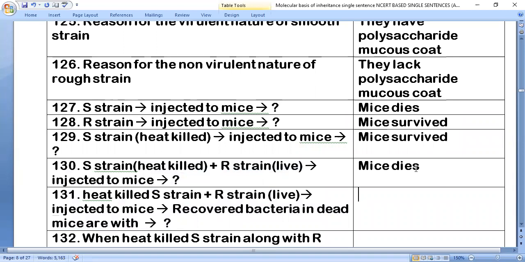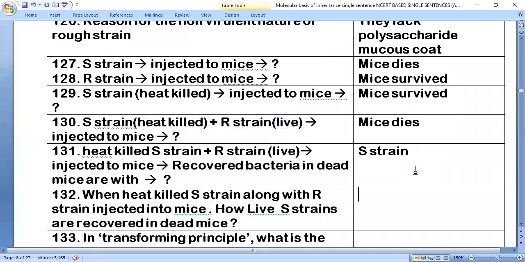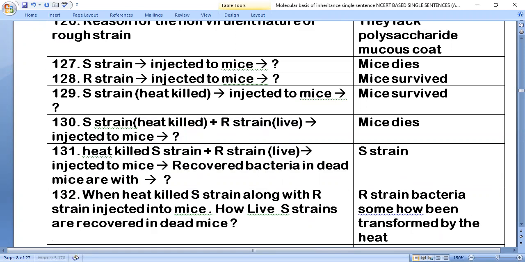Heat killed S strain plus R strain live injected to mice, recovered bacteria from dead mice are S strain. When heat killed S strain along with R strain is injected into mice, how are live S strains recovered in dead mice? We say R strain bacteria were somehow transformed by the heat killed strain.